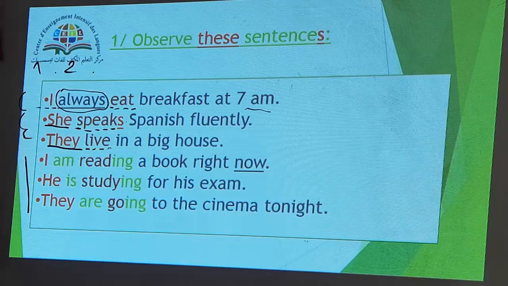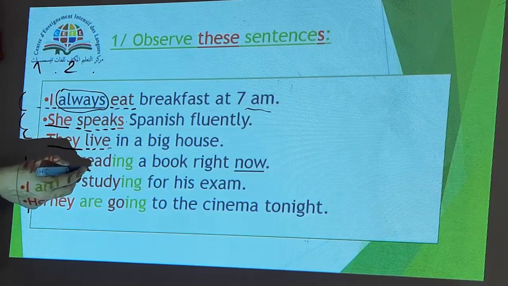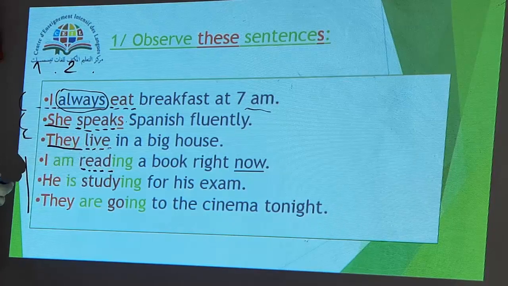Let's spot the main verb. I am reading a book right now. Okay? Our verb in this sentence is the verb to read.